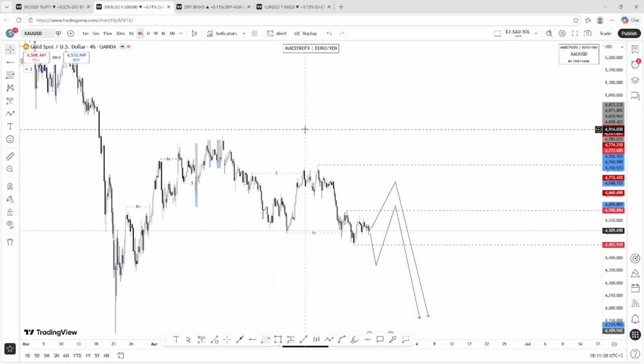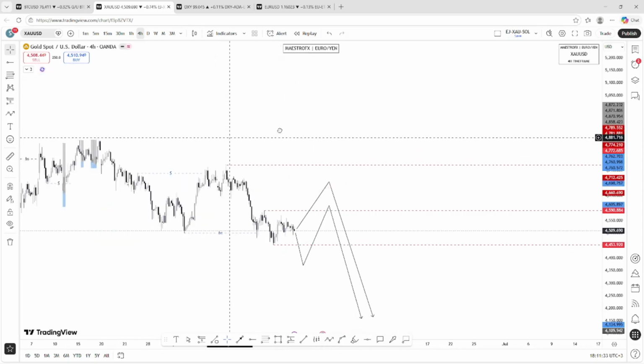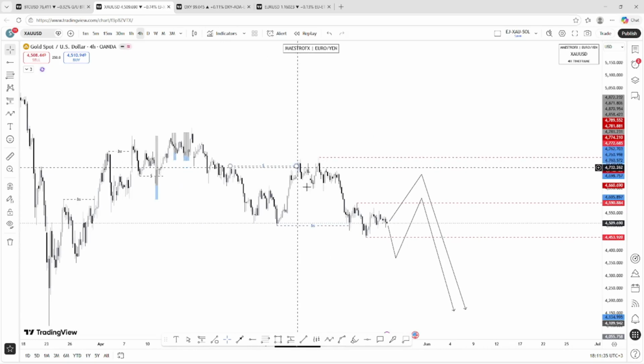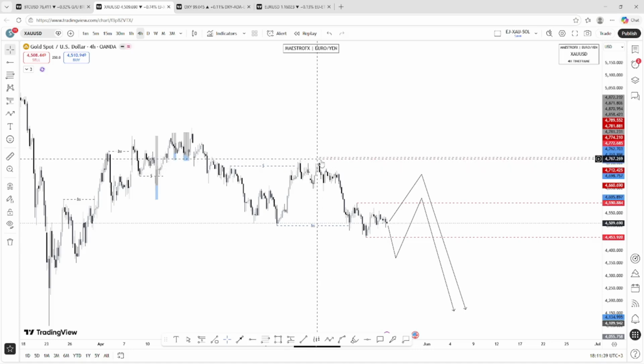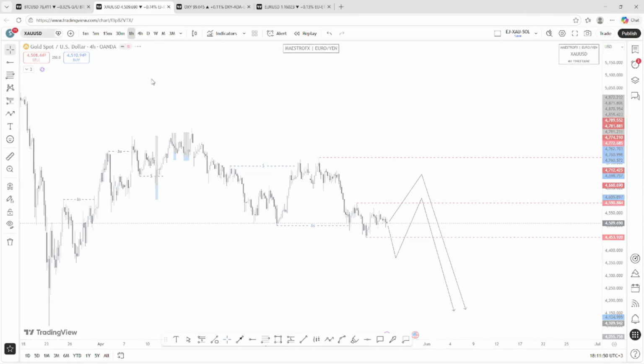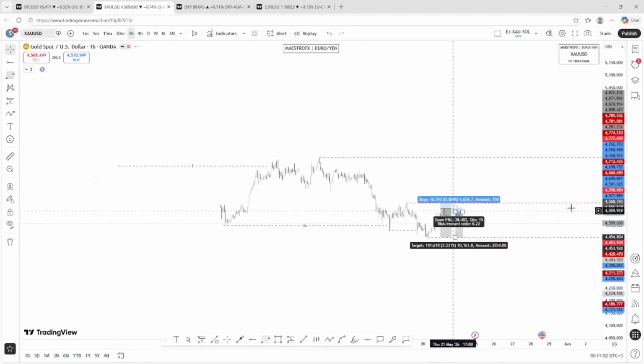Actually last week we swiped this liquidity again, came and took liquidity again to the upside and flashed it to the downside before providing that flash to the 1 hour time frame.